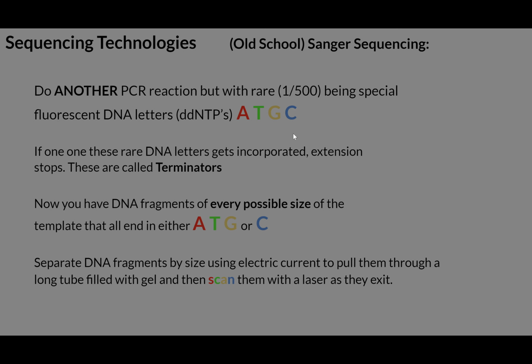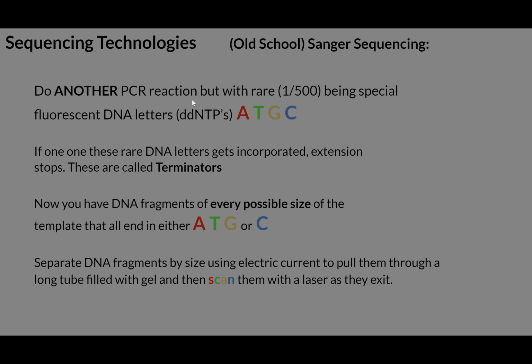And each of these different letters has a color associated with it. A little component called the fluorophore that, when excited by a laser, will show up as a particular color. When one of these is incorporated during PCR, during that copying, it will actually stop the copying process.